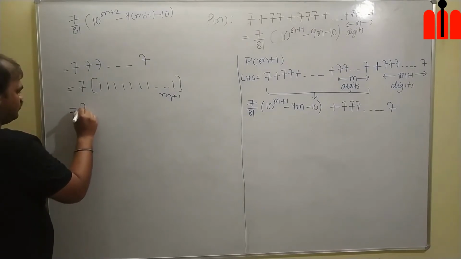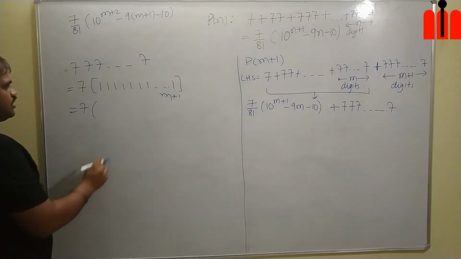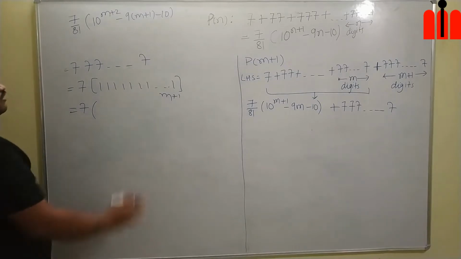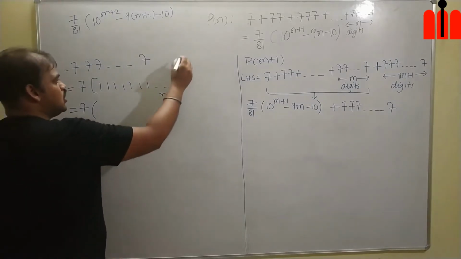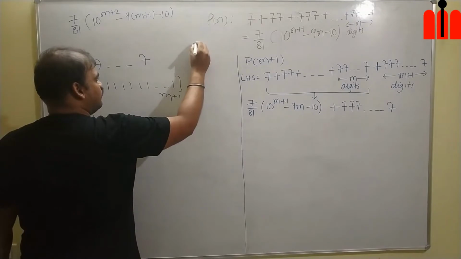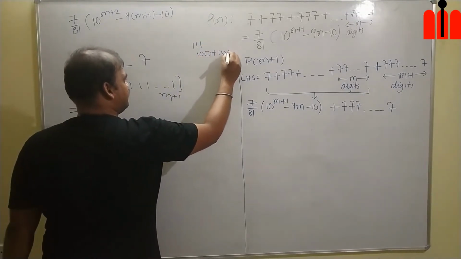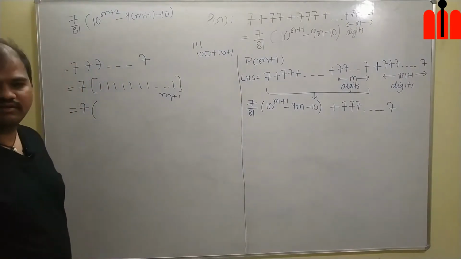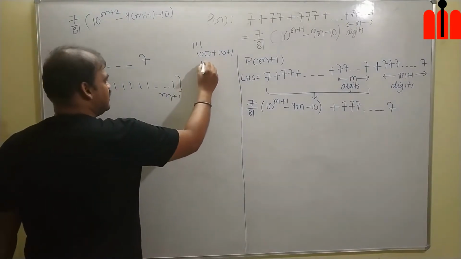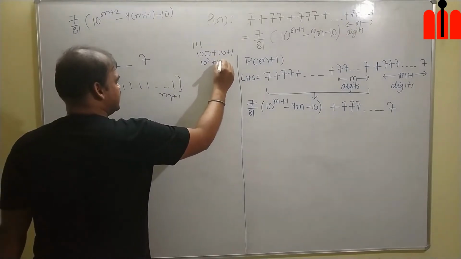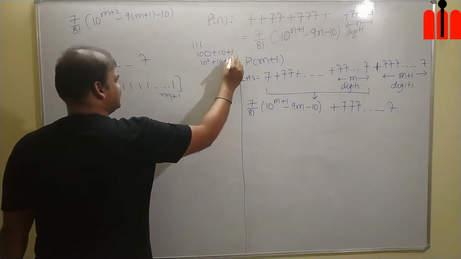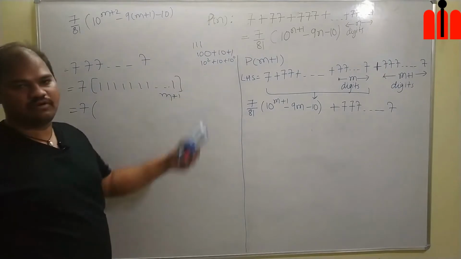Now how can we write this in the form of a sum? 111 can be written as 100 plus 10 plus 1, right? So it will be 10 square plus 10 plus 10 to the power of 0, since 1 can be written as 10 to the power of 0.